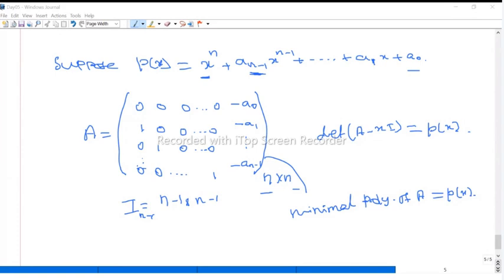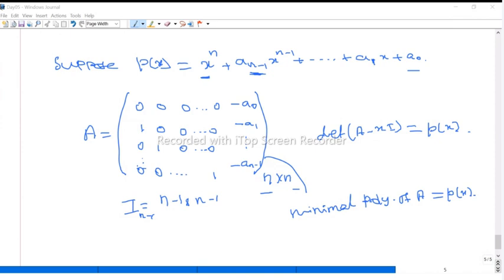Actually, there is some special name. I think contemporary polynomial or something... I forgot the name. Given any matrix... actually, okay, I forgot that name.